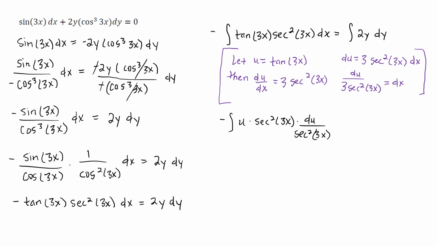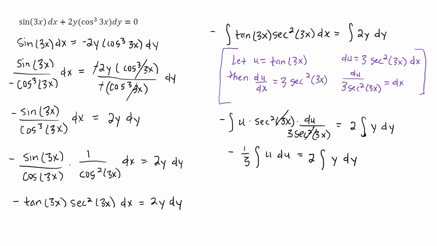Well, 3. I forgot my 3. 3 secant squared 3x. Okay, and then we have 2y dy. Okay, simplifying, secant squared 3x cancels, and I can move the 3 in the denominator outside of my integral. So I have negative 1 over 3 u du equals 2y dy.